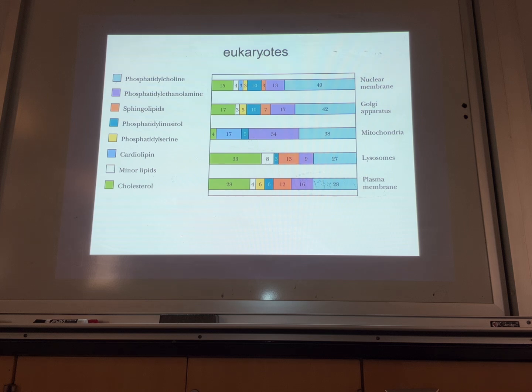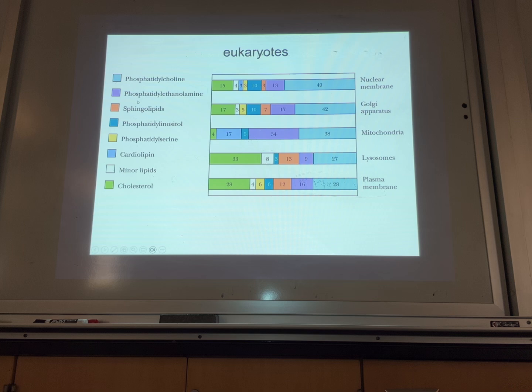Note that each membrane in a eukaryotic cell is going to have a different composition of phospholipids. Over here on the left, the top 6 items here are all types of phospholipids. Phosphatidylcholine, phosphoethanolamine, sphingolipids, phosphatidylinositol, serine, cardiolipin.